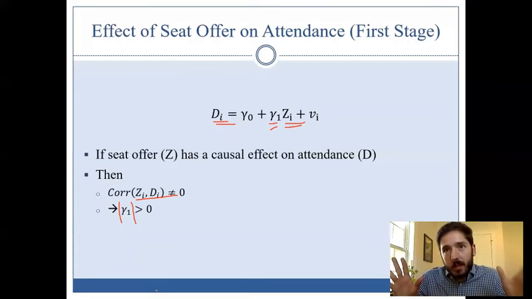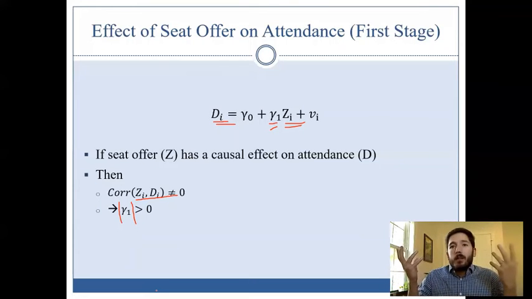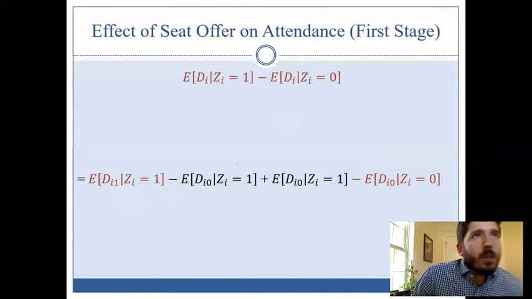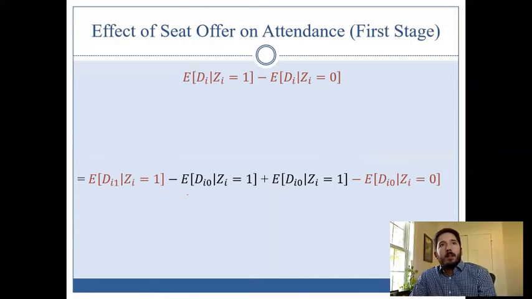If there's no first stage, then we can't really have an instrumental variables estimate, because the variation in our instrument isn't causing any variation in treatment that we can use to get at the effect of the treatment on the outcome.